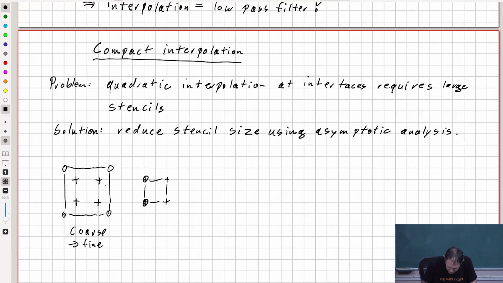Let's draw this with circles. And this would be a fine to coarse interpolation cell. Here we call these round things the source nodes, and the pluses are the destination nodes.